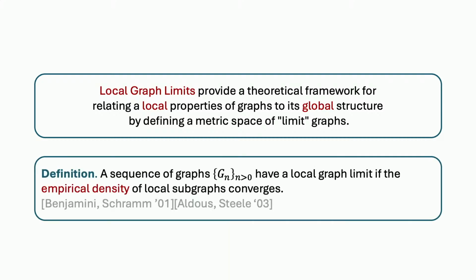This is a theory that was developed more than 20 years ago by Benjamini and Schramm and Aldous and Steele, where at a high level, a sequence of graphs has a limit if the empirical densities of the local subgraphs converge.